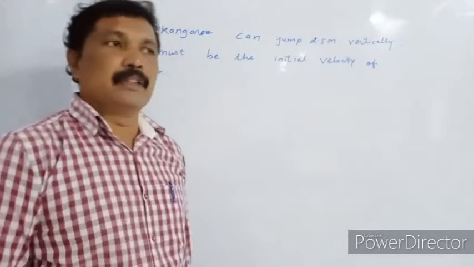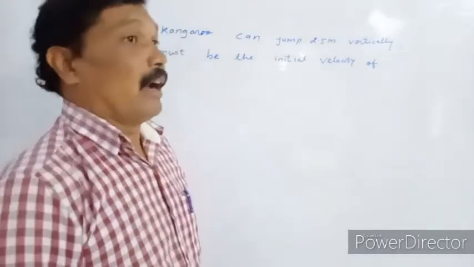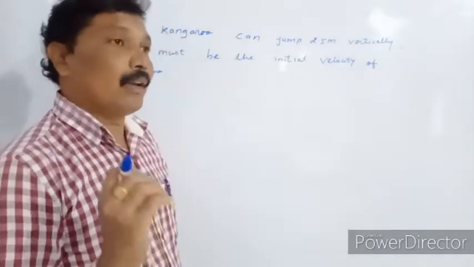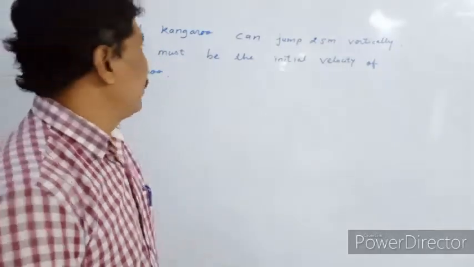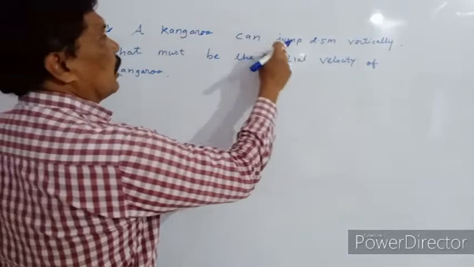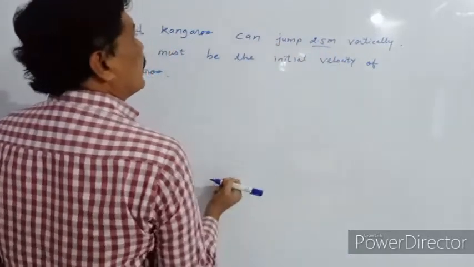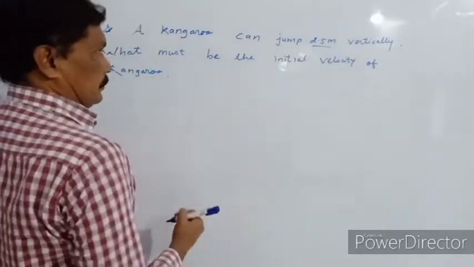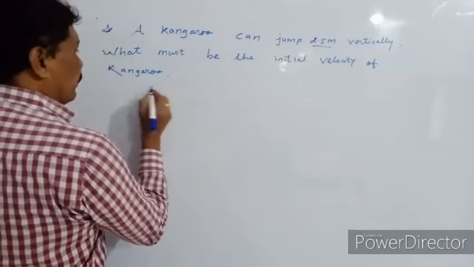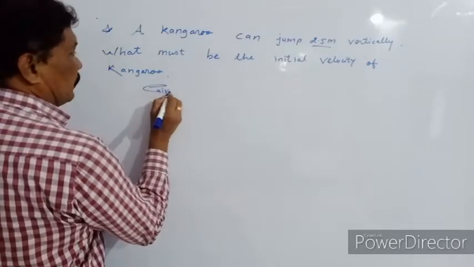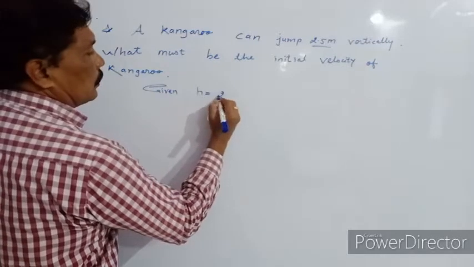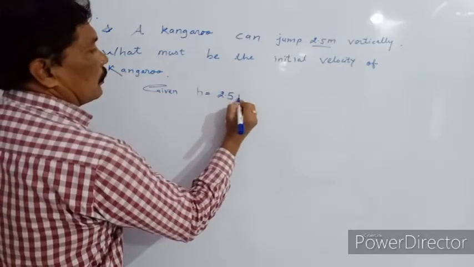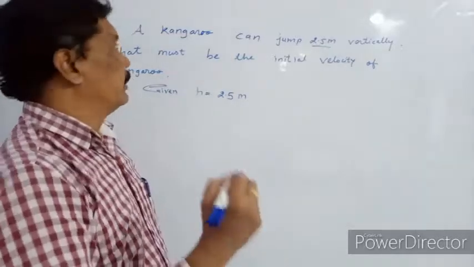My dear student, first we'll read the problem and try to know what are the quantities which we are given in the problem. First, a kangaroo can jump 2.5 meter vertically. So, given, his height is equal to 2.5 meter.